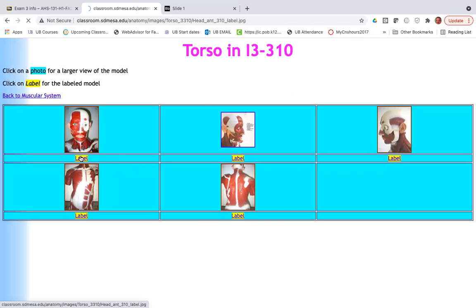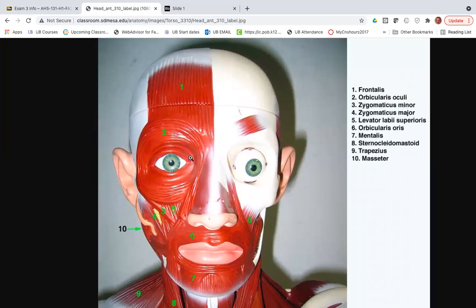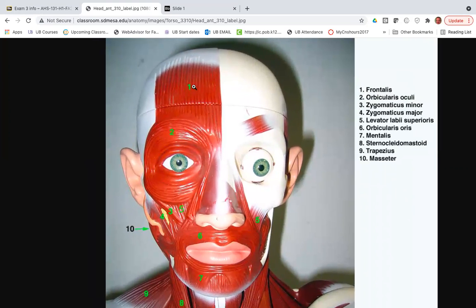Okay, let's look here. These are numbered, which is nice because you could test yourself. So here, number 1, I like that they call it the frontalis instead of the frontal belly of the occipitofrontalis. Number 2, around the eye, orbicularis oculi. Number 6, going around the lips this way, orbicularis oris.